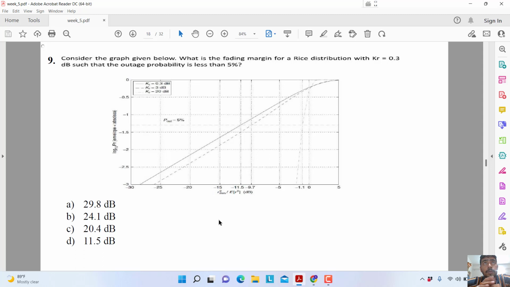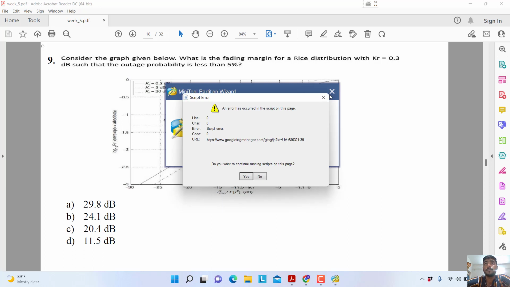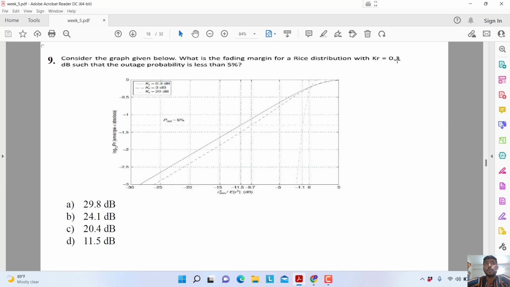You have to tell what is the fading margin for KR 0.3 dB. So just look at the plot. It is asking about KR 0.3 dB, so the plot for 0.3 dB is this line. We have to tell the fading margin such that the outage probability is less than 5%.